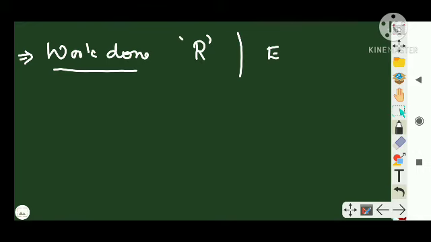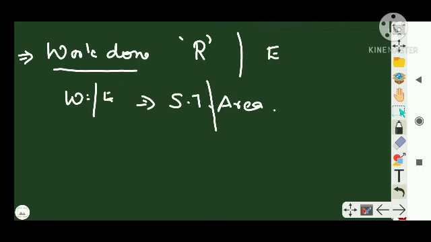So how can I find it? See, it is a liquid drop. So work done, or surface energy, is equal to what? Surface tension into area. We have talked about it. Remember, surface tension is equal to surface energy by area, or surface energy is equal to surface tension into area.